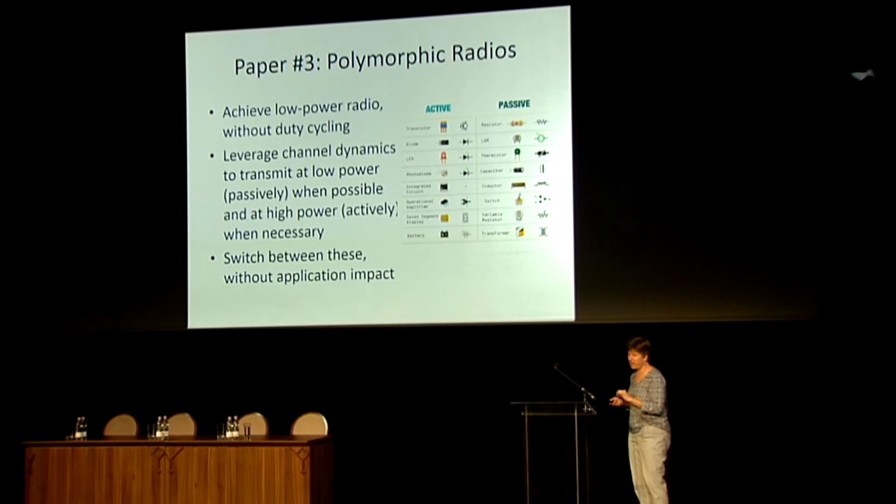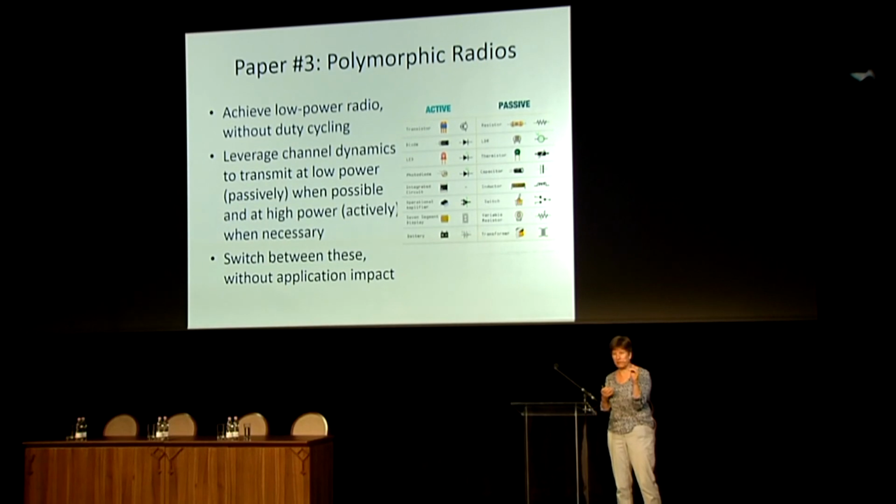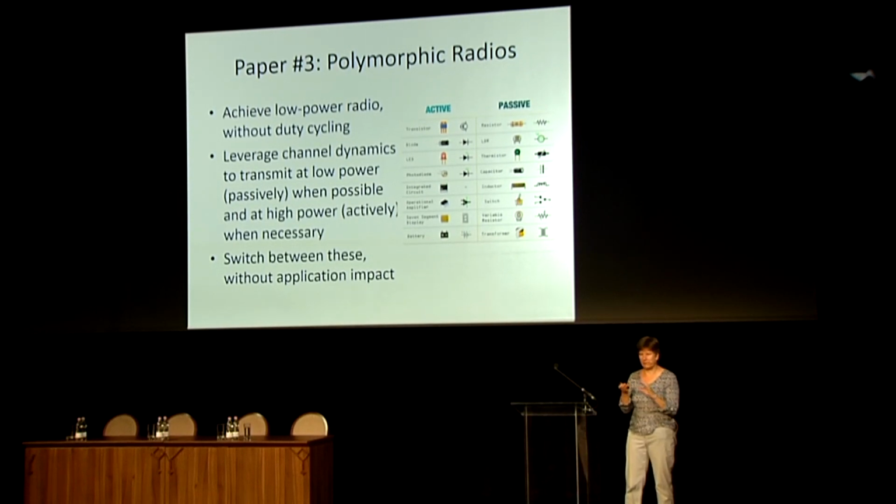The good thing about that is, in some sense, it's a little bit like duty cycling, except in the off state you're not totally off. You're in the passive portion, and then in the active, you're doing it adaptively, not according to some regular period between on and on. So you switch between these, and it's challenging to do that without application impact.